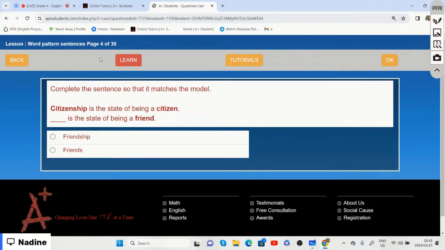So friendship is the state of being a friend, because we have citizenship, which means that our suffix is ship, and also friendship is the state of being a friend.